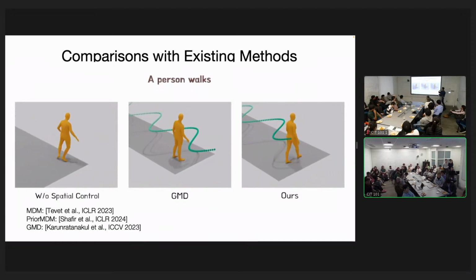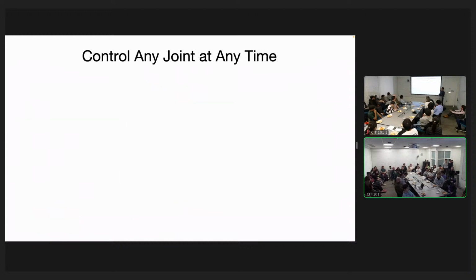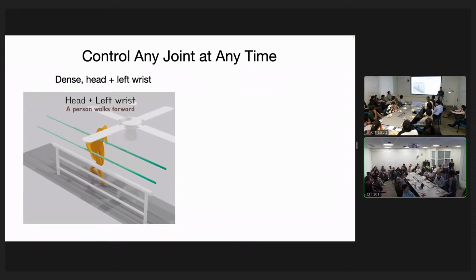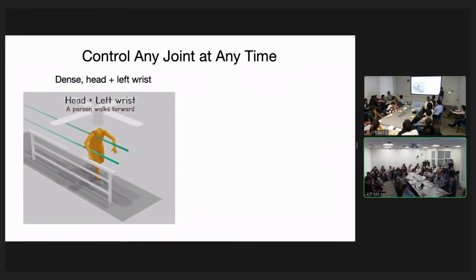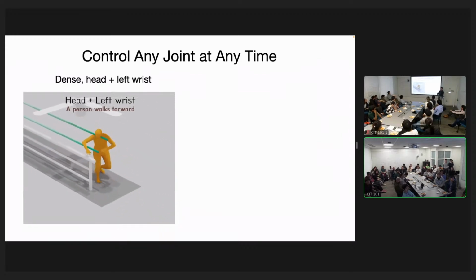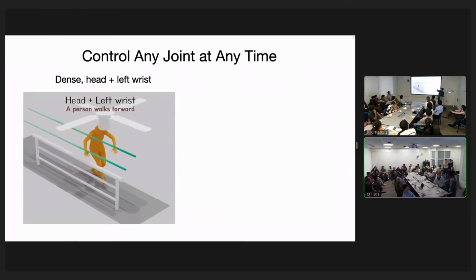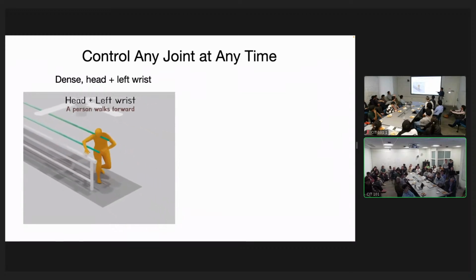And for that score function or distance function, we can define it for multiple joints. That really gives us the flexibility of controlling multiple joints at the same time. For example, here, for some reason, this scene has a low ceiling, so the person has to bend over at the same time. We ask the human to put their right arm close to the ceiling. So it generates something like this.